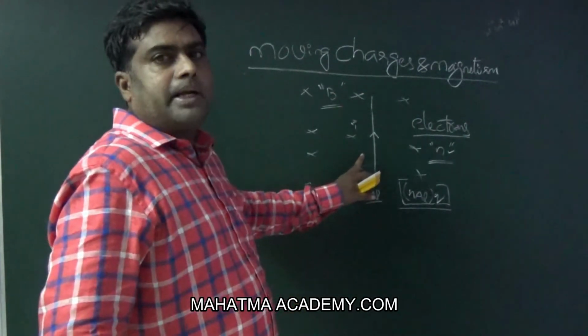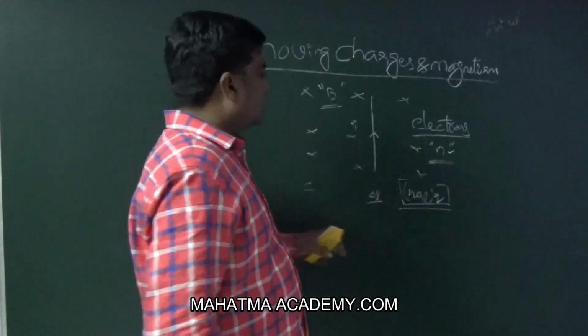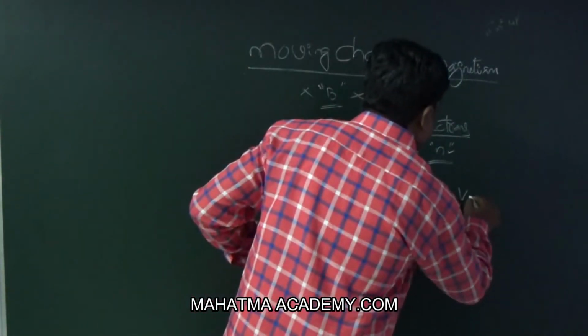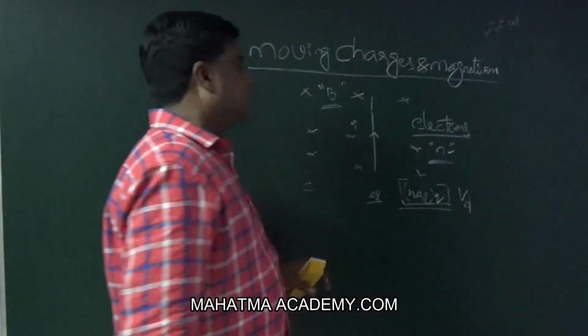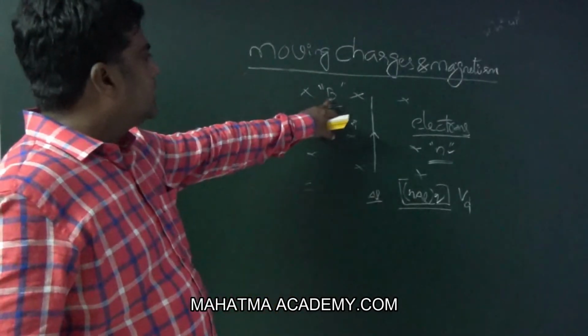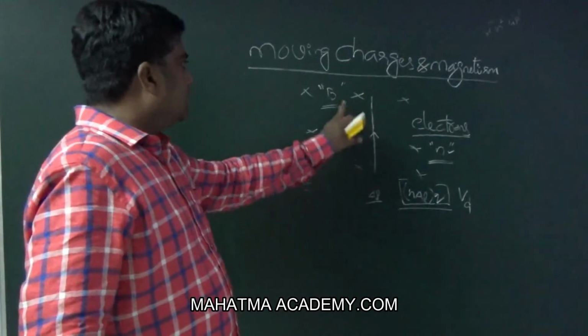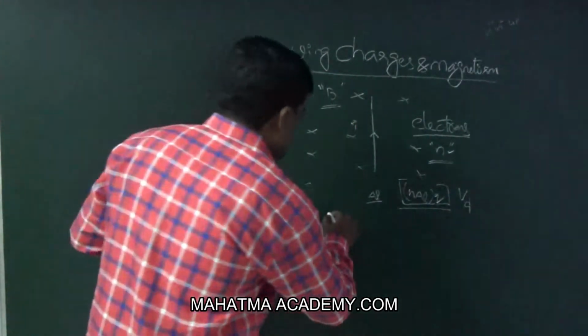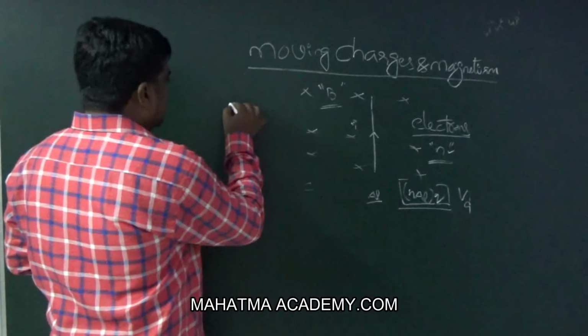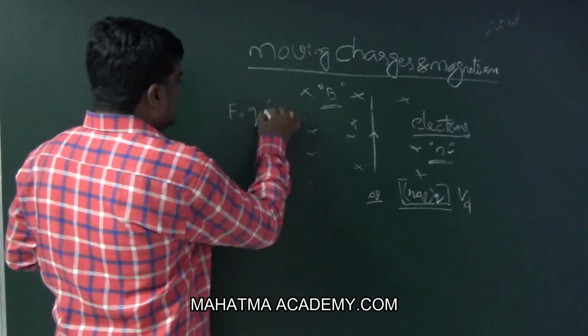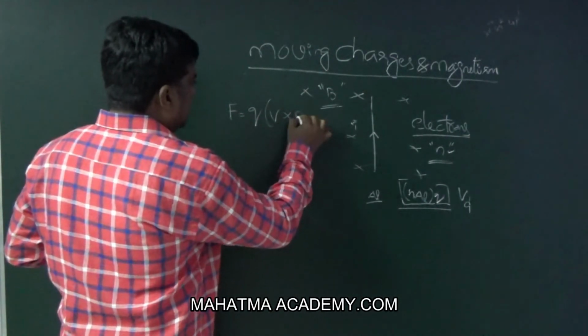The average speed of these electrons is Vd, the drift velocity. The external field is B. What is the force on this conductor due to this B? We already know the formula, F equals q V cross B.